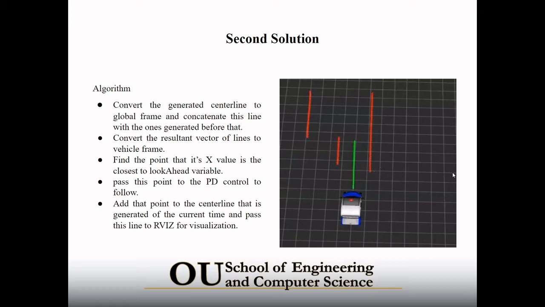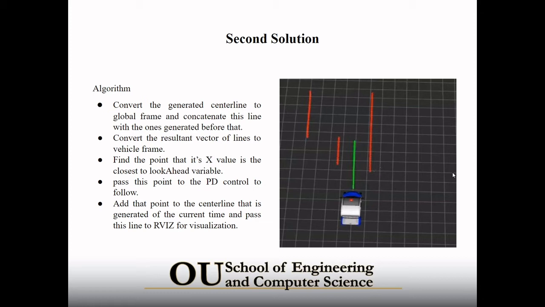We have to convert them to the global frame to be able to use them at whatever time or position the car is in, and then just reconvert them to the vehicle frame at that time. So the algorithm goes like this. First we convert the generated center line to the global frame, and then we concatenate it with a variable called all center lines.